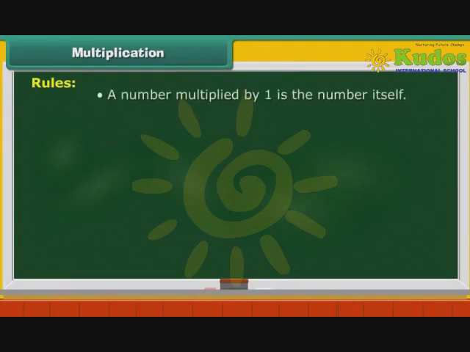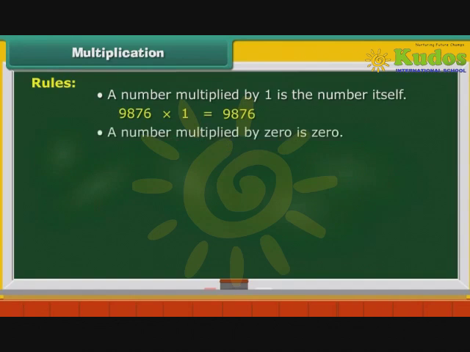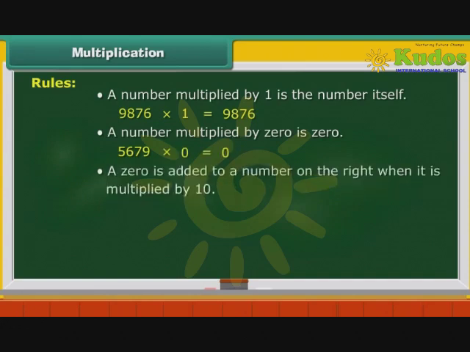A number multiplied by 1 is the number itself. 9876 multiplied by 1 is equal to 9876. A number multiplied by 0 is 0. 5679 multiplied by 0 is equal to 0. A 0 is added to a number on the right when it is multiplied by 10.